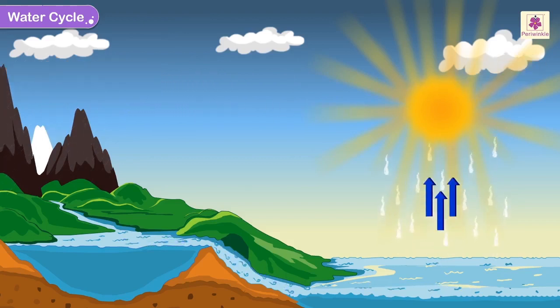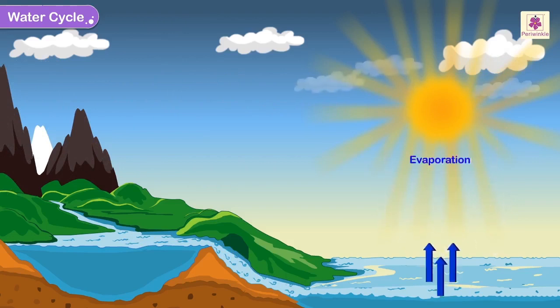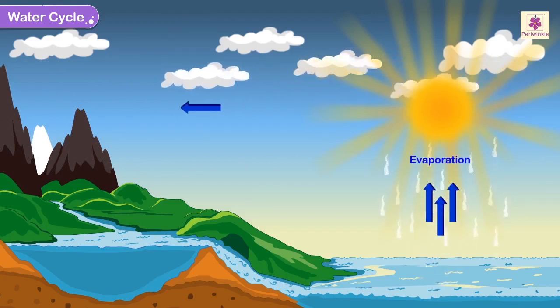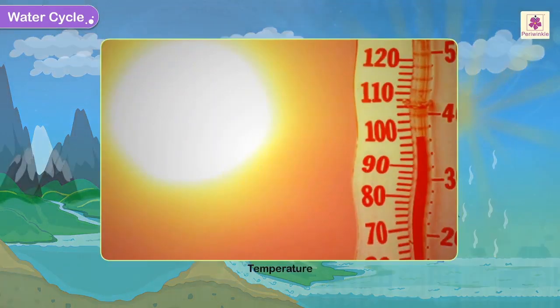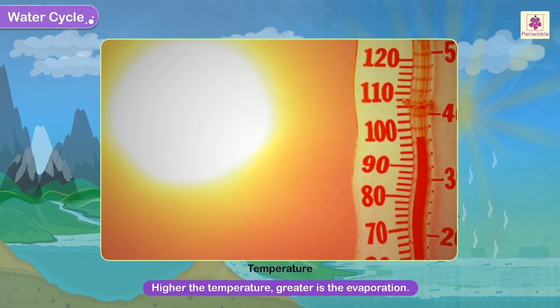The heat of the sun causes evaporation of the water from the water bodies in huge quantities. Temperature is the physical factor that influences this. Higher the temperature, greater is the evaporation.